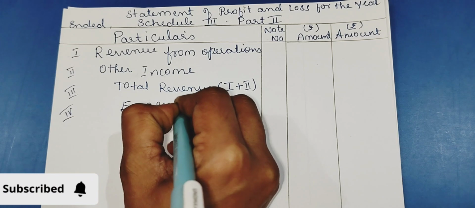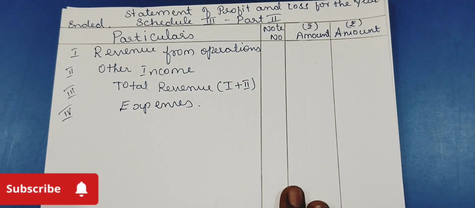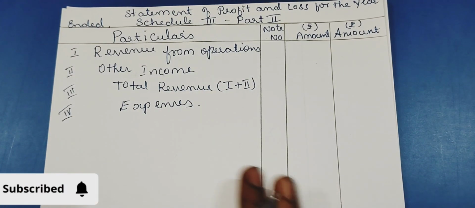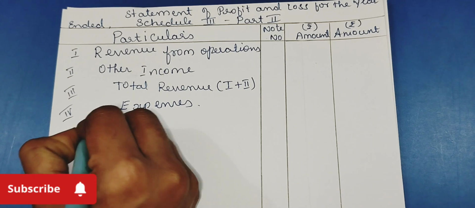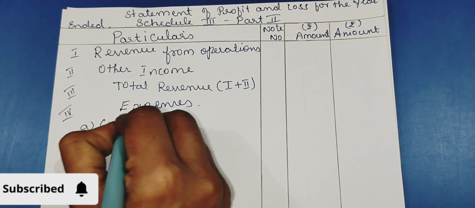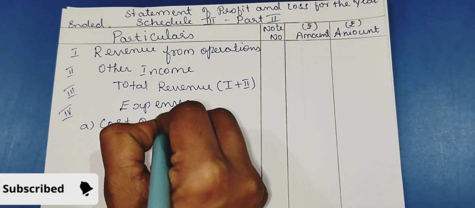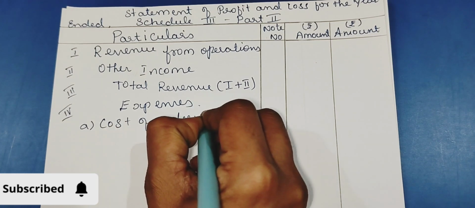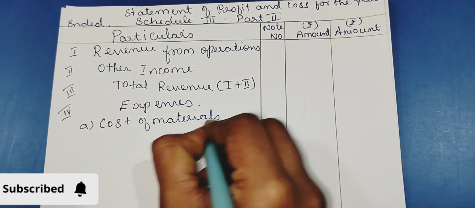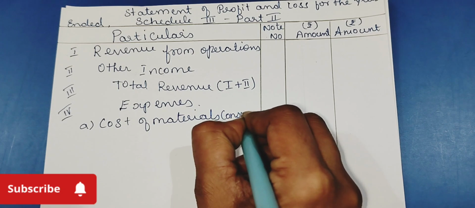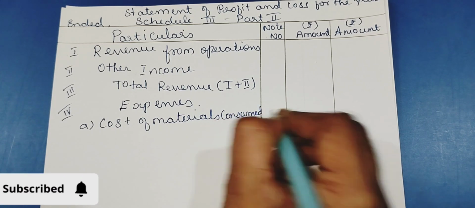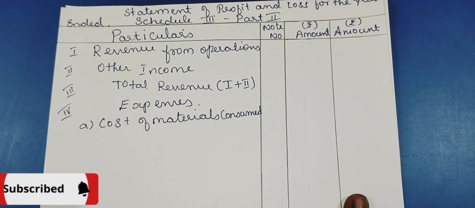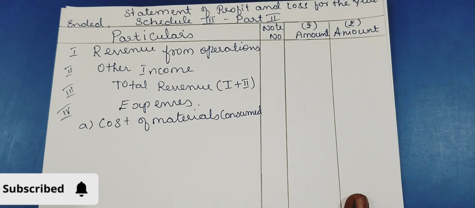All the expenses. Here, the expenses include, the first item is cost of materials consumed. Cost of material consumed is nothing but your cost of goods sold, COGS.